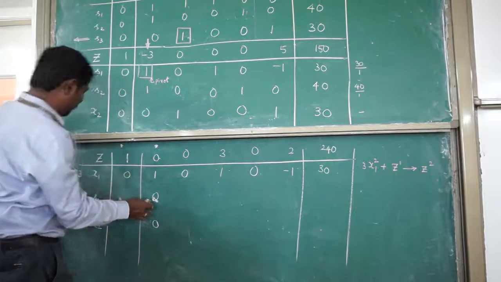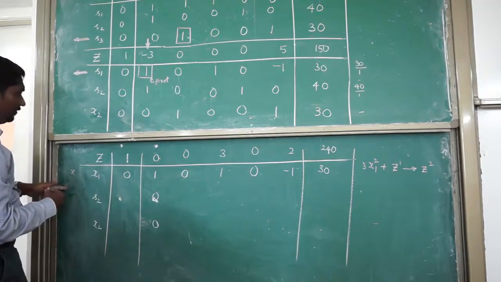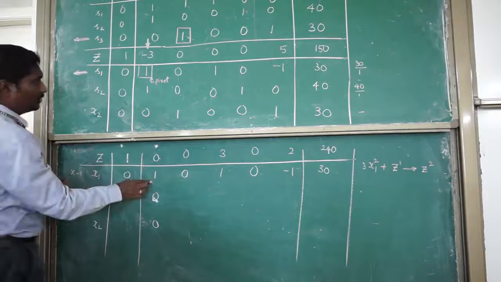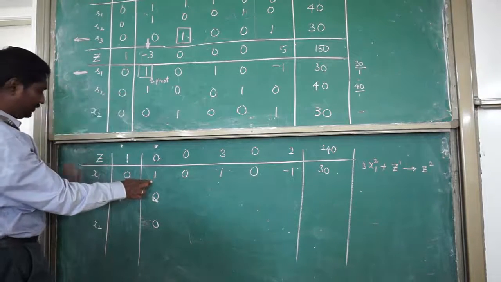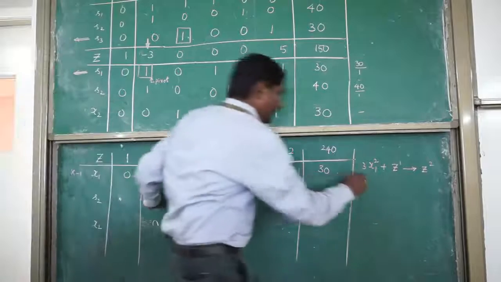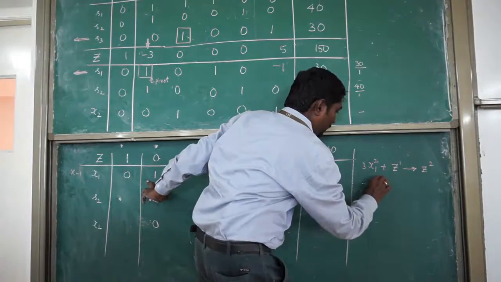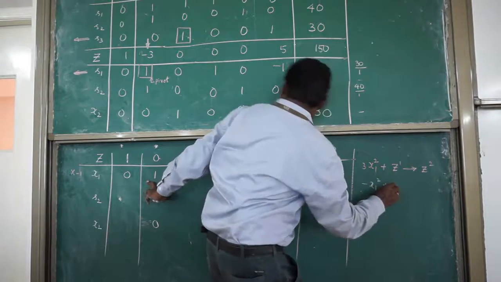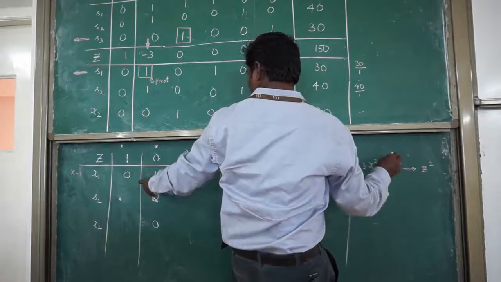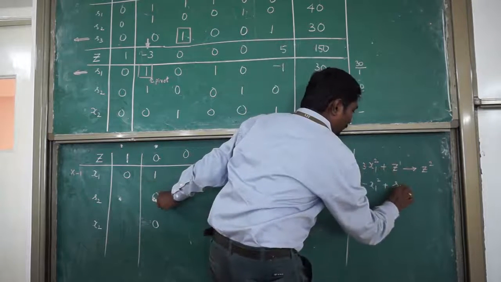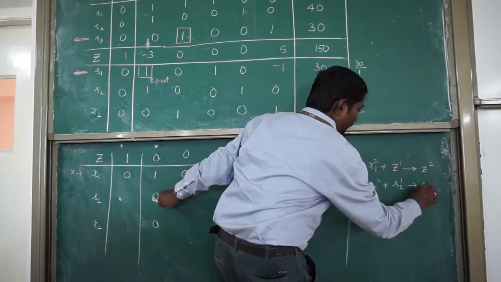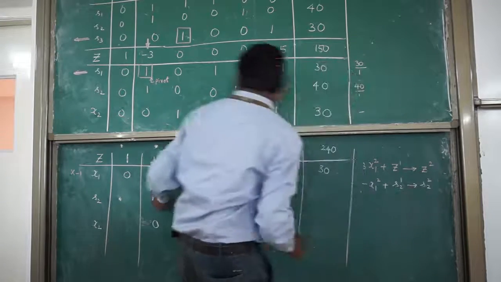To make this as 0, we have to multiply this by minus 1 and add to this. So for that, this is minus x1 of the second equation plus s2 of the previous equation. We are going to write it as s2 of the second equation.